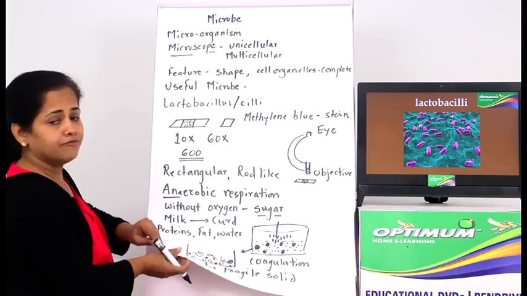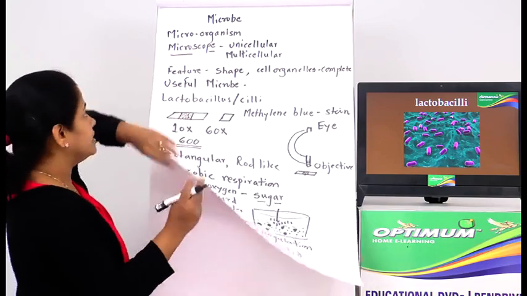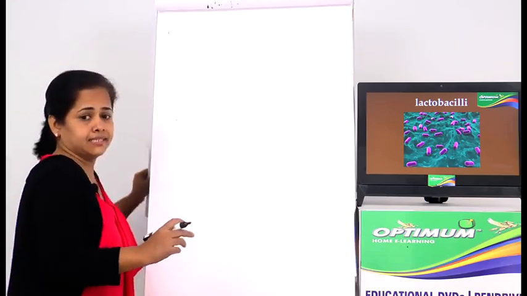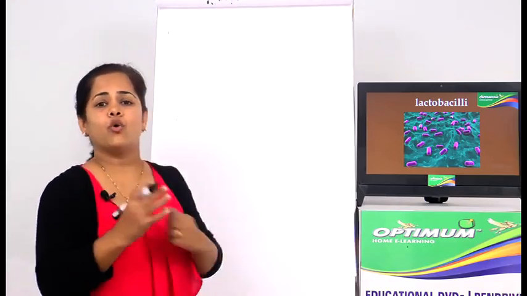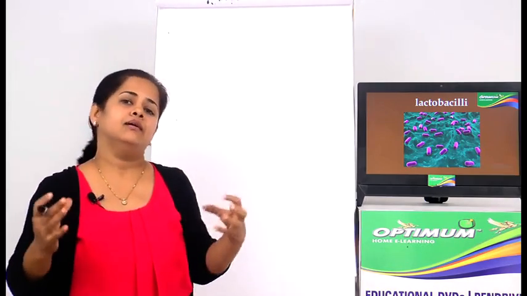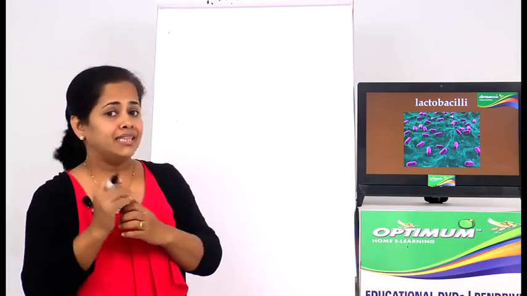I am sure you must have got clear about the curd formation, because this is very important to understand the further uses of lactobacillus. Now, why this coagulation? I have explained that the coagulation happens and the protein molecules come together and all other things go away. Why does this happen?